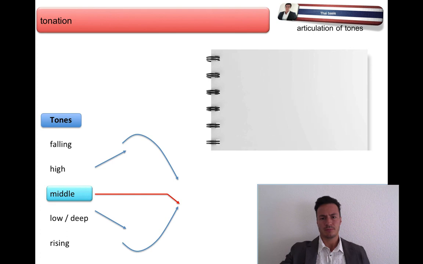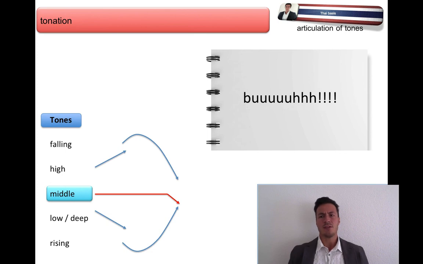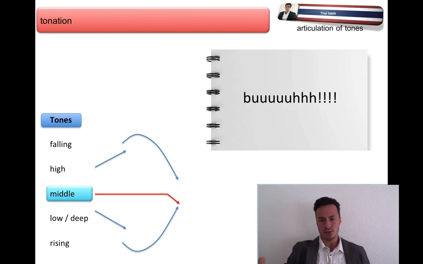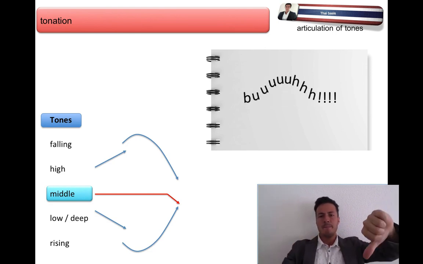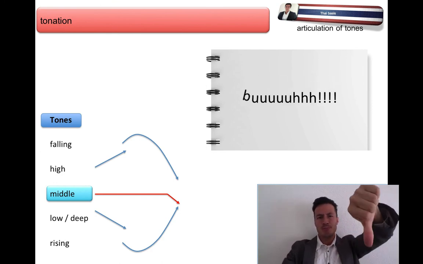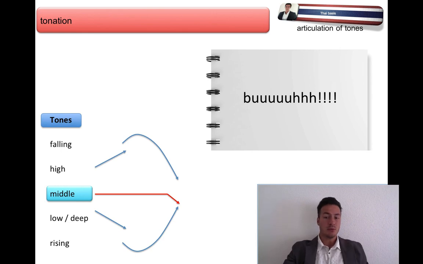Middle tone. The middle tone you can imagine in Thai like if you see something and you really think it's shitty what the other person did, so you can go like boo, boo, and you then basically hold a level of tone, and in the end you fall down a little bit, like boo, boo, boo, however you would say it.